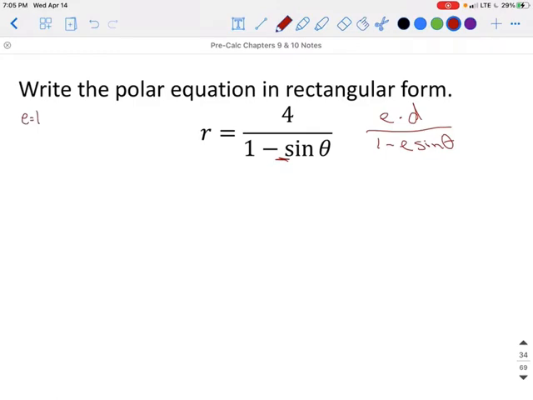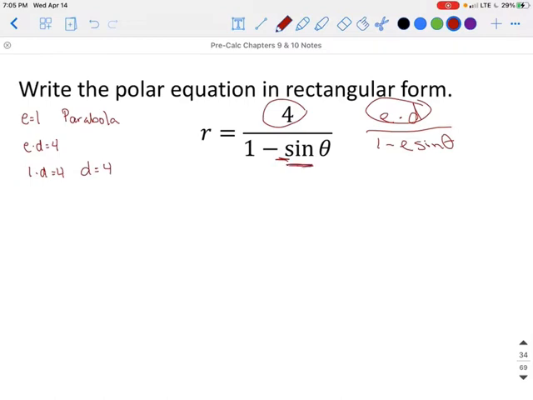Since the eccentricity is exactly 1, we know this is going to be a parabola. Now we also know that our numerator is equal to E times D. So if E times D is equal to 4, and E is equal to 1, our D value is 4.